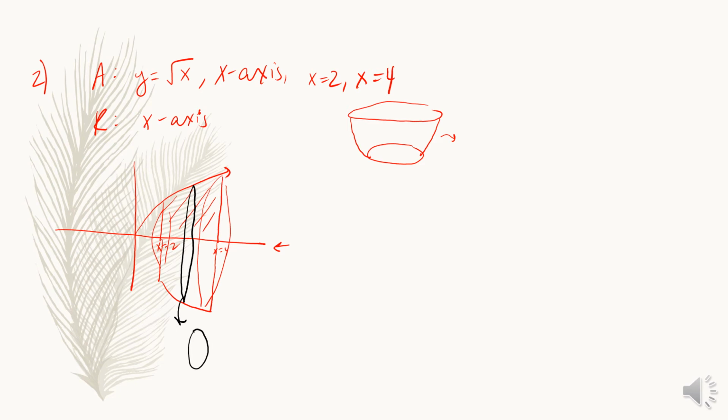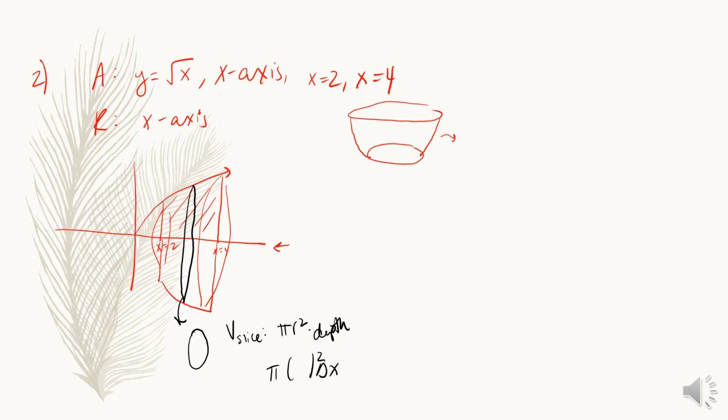Well, it's again a disc with a little bit of depth. So my volume is going to be the circle times that little bit of depth. And I already know the depth is going to be delta x because when I sliced it, I hit the x-axis. So it's going to be pi r squared delta x.